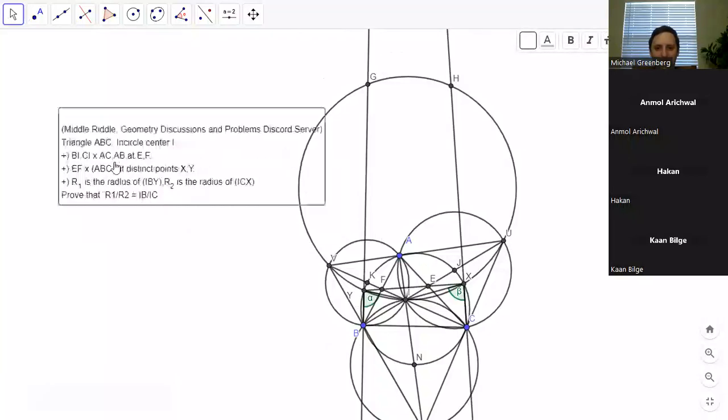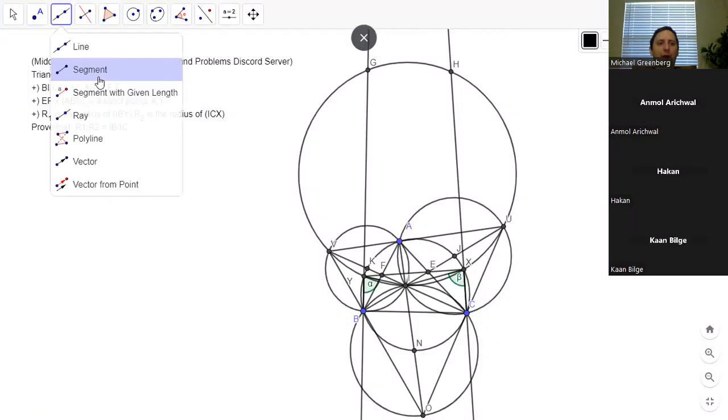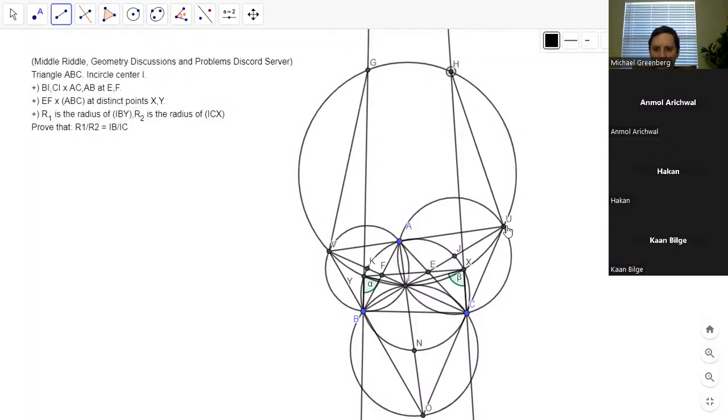We want to show that angle IGH equals angle GHI, right? So angle IGH equals 180 minus angle IUH, and angle IHG equals 180 minus angle GVI. So you want to show GVI is equal to HUI. Yes. And by Reim's theorem, we know that BC is parallel to GH.